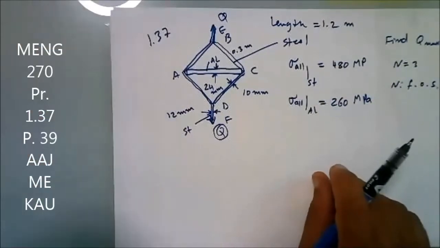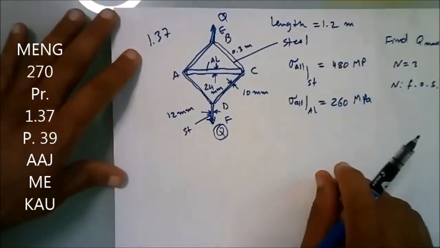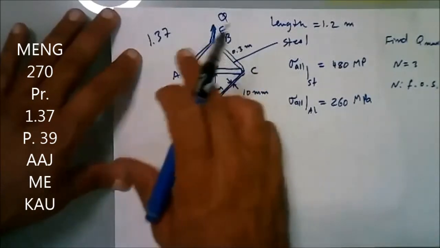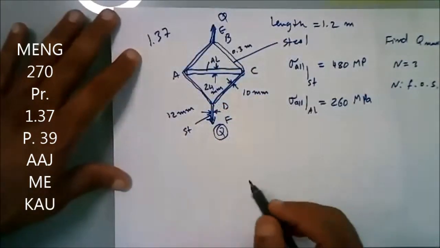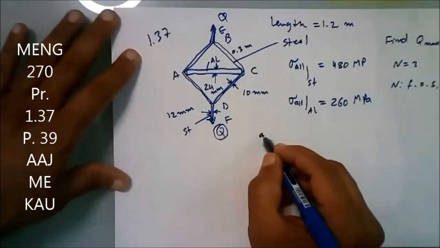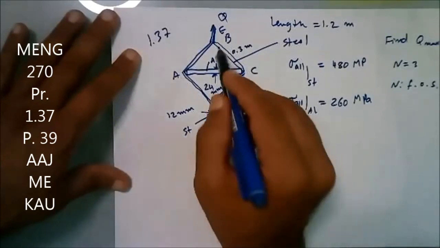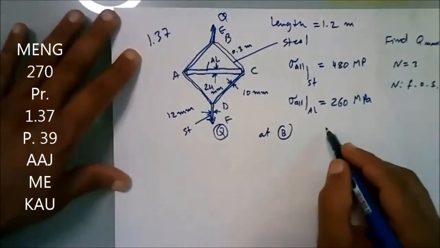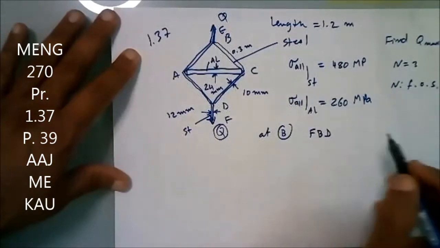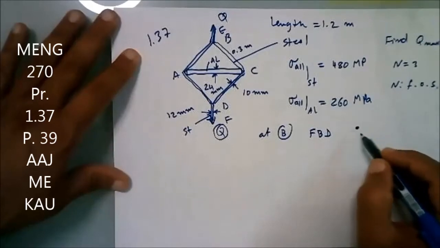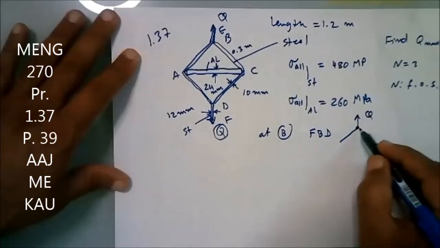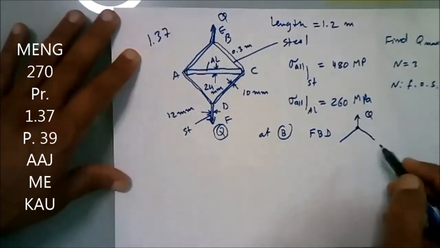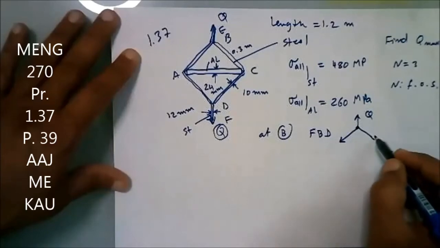problem. As we have seen before, using statics, always we change the structure from a very complicated one into a basic structure. So let's assume here at point B. Let's look at the free body diagram. We have here this force, which is Q, and we have two forces that we don't know the value.